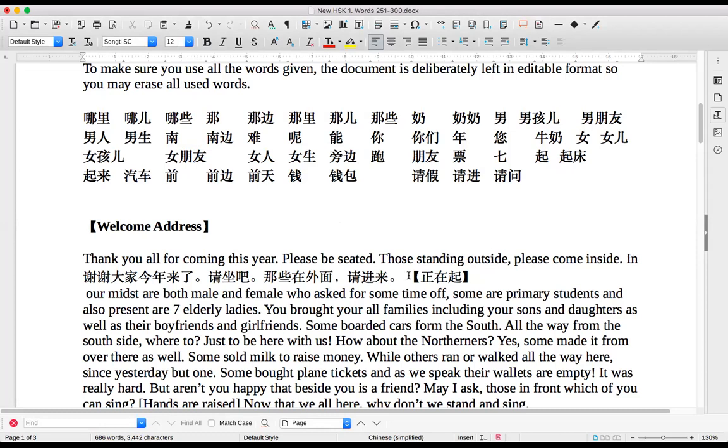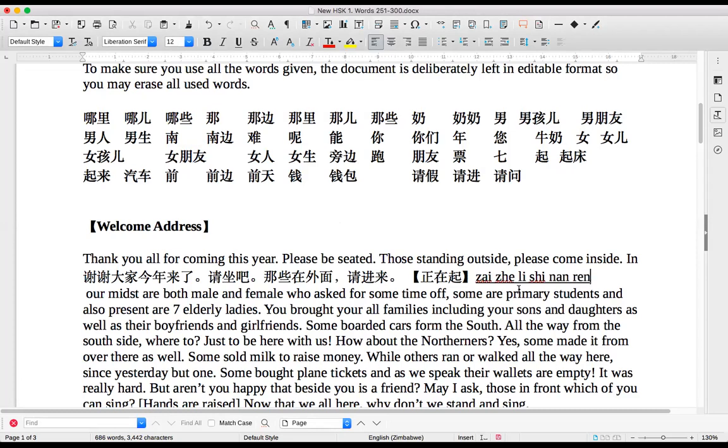In our midst are both male and female. Okay. I put, okay, I see I put 在这里, well, it's probably wrong. 在这里是男人和女人.